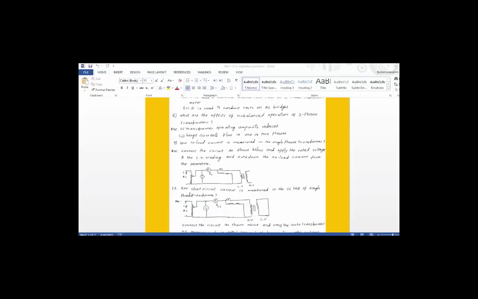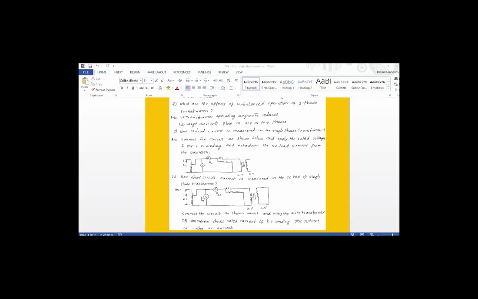Next, 10th question. How is short circuit current measured in the SC test of single phase transformer? Connect the circuit like this with LV short circuited and HV connected to the supply via auto transformer, voltmeter, ammeter and wattmeter.